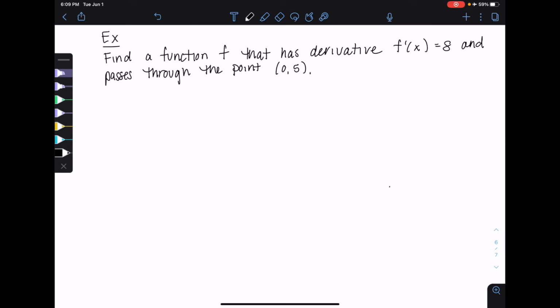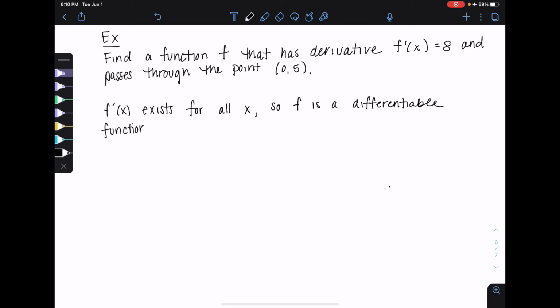So applying all that, f prime of x exists for all x, so f is a differentiable function. Thus, it's continuous everywhere, since differentiability implies continuity.